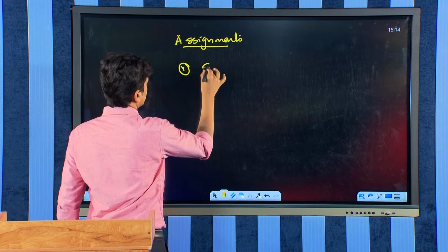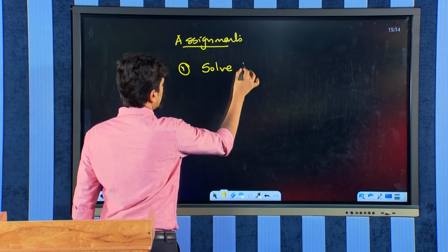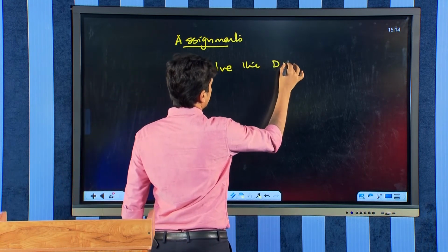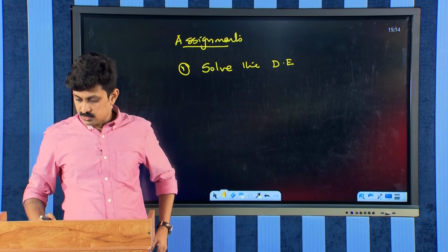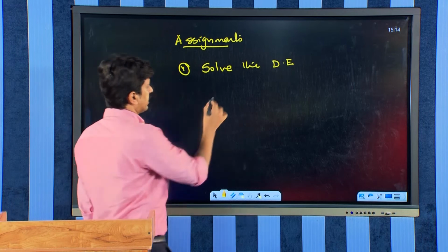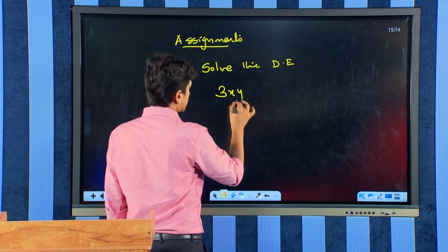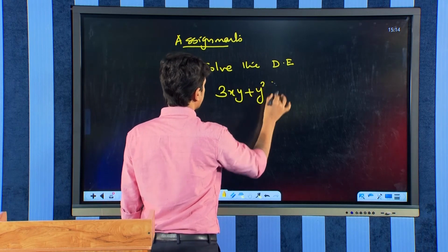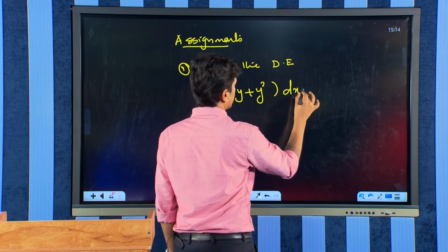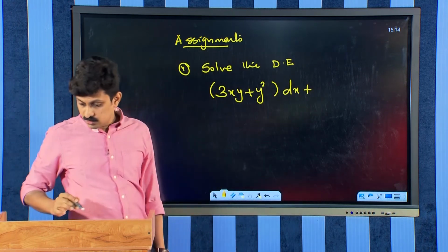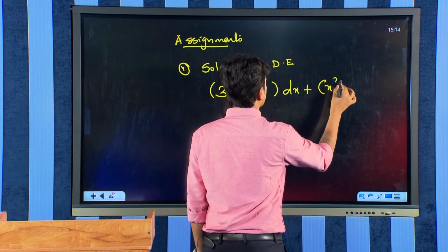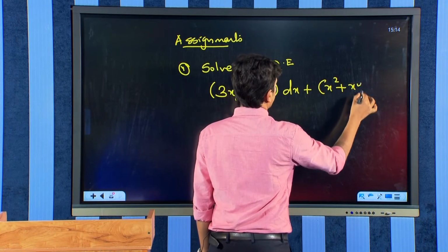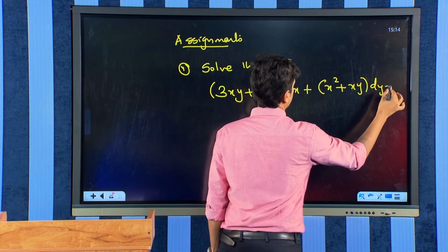Write down some questions as assignments. First one, solve the differential equation (3xy plus y square) dx plus (x square plus xy) dy is equal to 0.